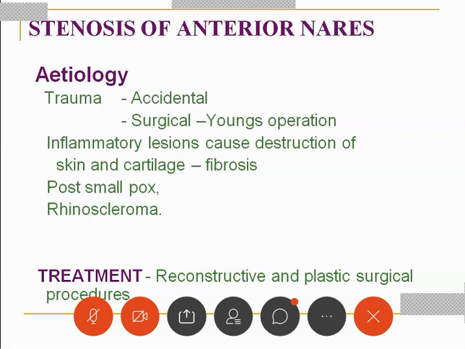Whereas surgical, when you do a Young's operation for the treatment of atopic rhinitis.